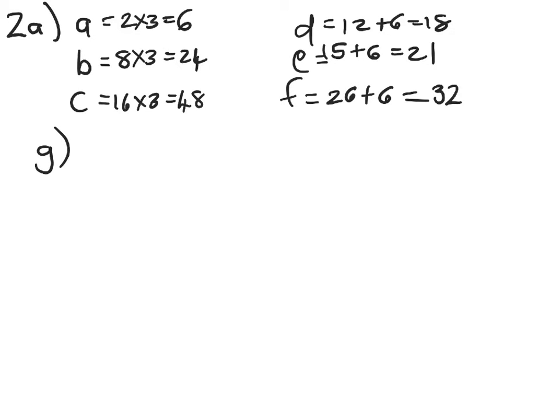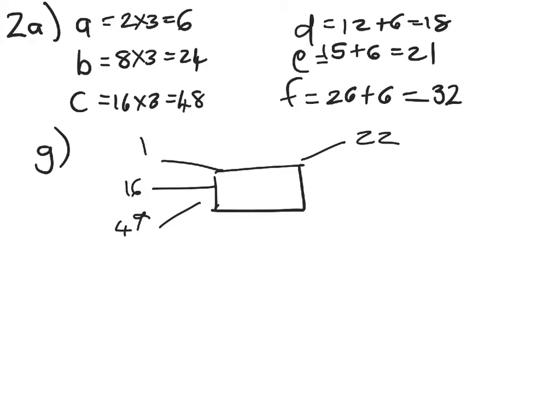Hey, stop tapping, please. Now, I need to figure out the rule. Maybe this is the only sensible one that they are giving that I think is challenging enough. The numbers going in are 1, 16, 49, and the numbers on the output side are 22, 37, and 70.